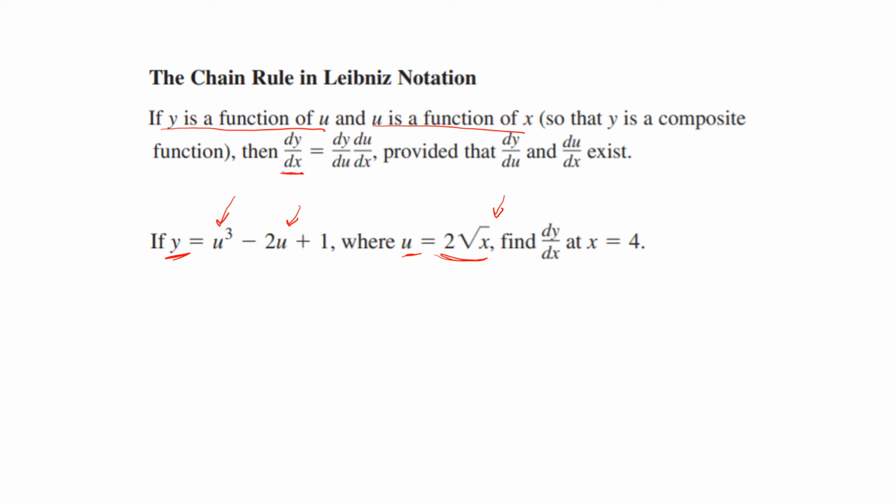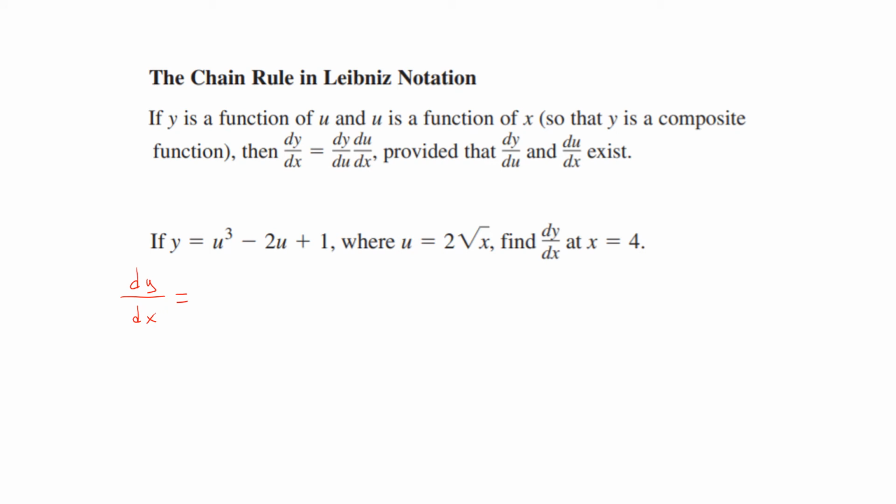Then when you take the derivative, it would be dy/du times du/dx. What dy/dx means in Leibniz's notation is taking the derivative of y in terms of x. Here my y is actually in terms of u, not in terms of x. So in order to convert that to dy/dx, we separate it into two, dy/du times du/dx, because you'll realize these cancel out at some point to give me dy/dx.